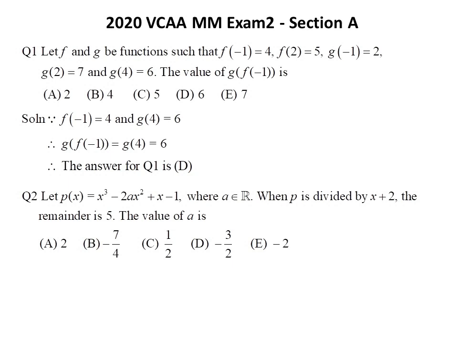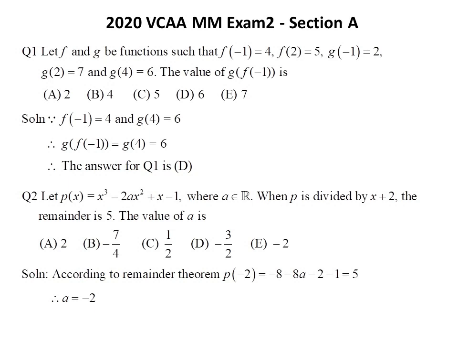This is quite a straightforward question. What we need to do is to apply the remainder theorem directly. So p of -2 equals -8 minus 8a minus 2 minus 1 equals 5. Solving this simple linear equation, we obtain a equals -2. So the answer for question 2 is E.